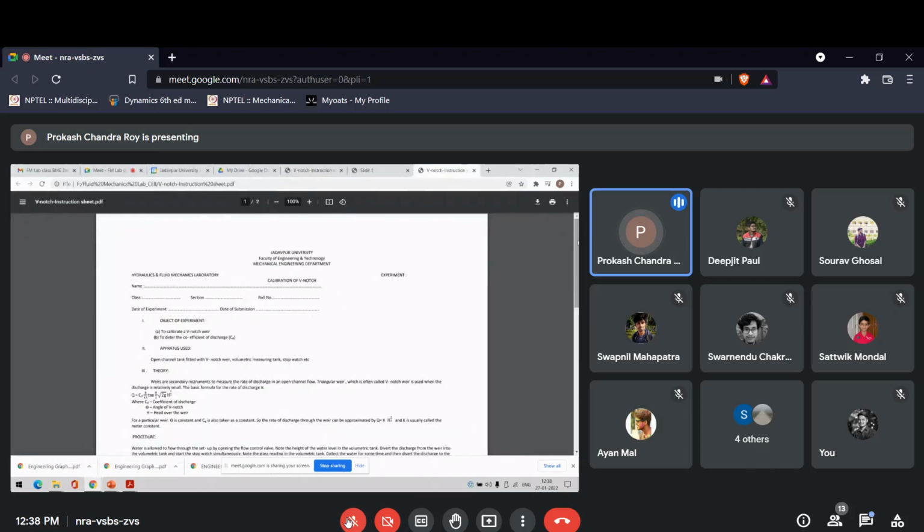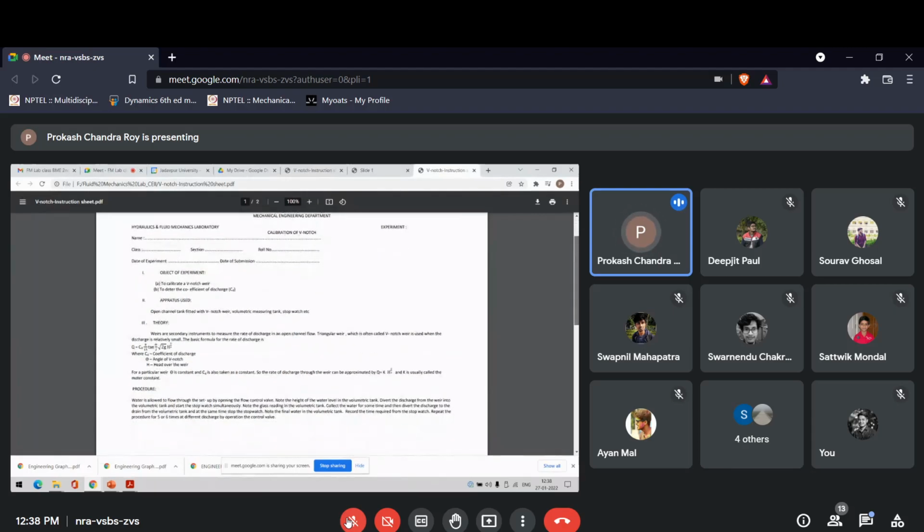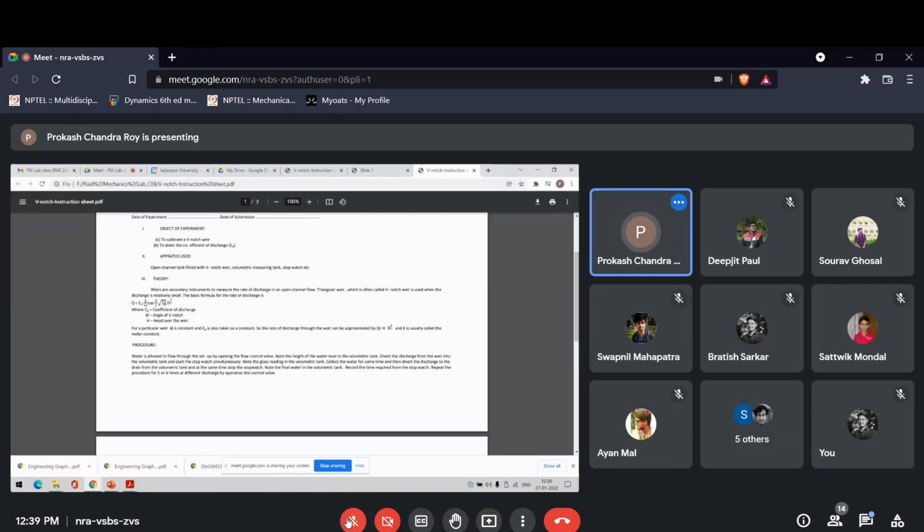So this is the instruction sheet for the calibration of V-notch. You need to write your name, roll number, class, section. And this is the formula or equation we will utilize for the calibration.